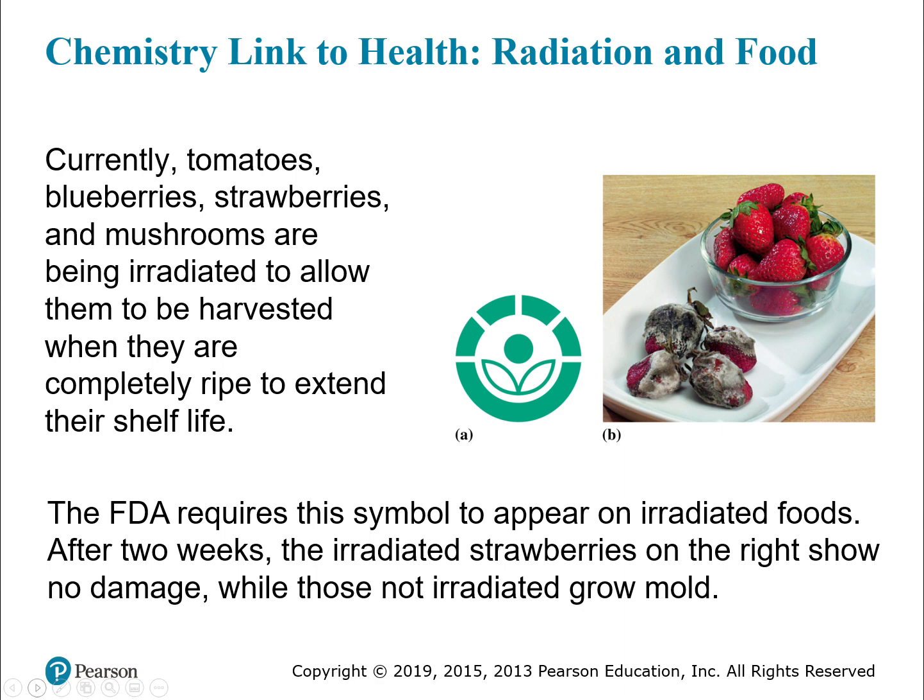If you didn't do that, then they'd become moldy and nasty pretty quick because of all the bacteria and things that can get in there, and it's kind of gross, to be honest. When you see this symbol on your food, it means that it's been irradiated.